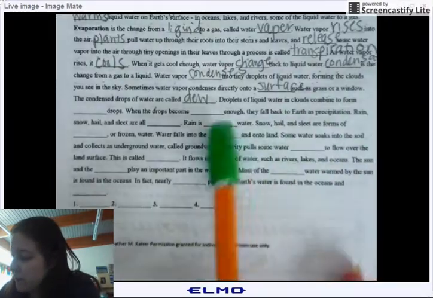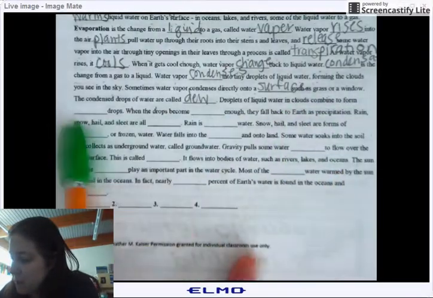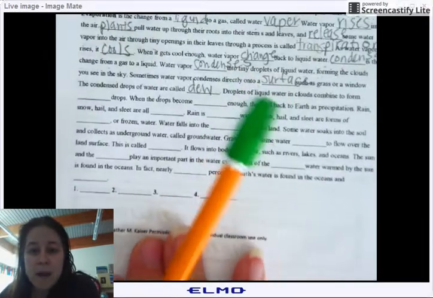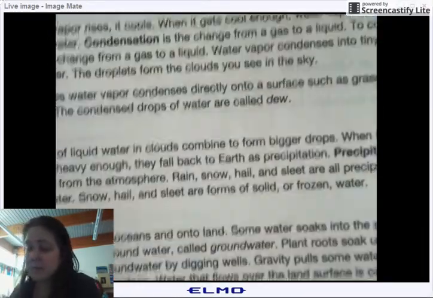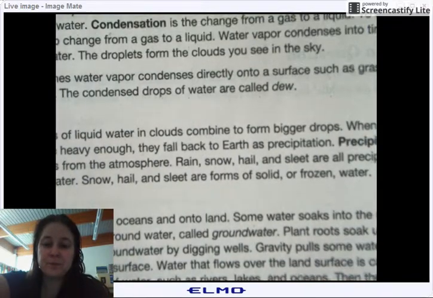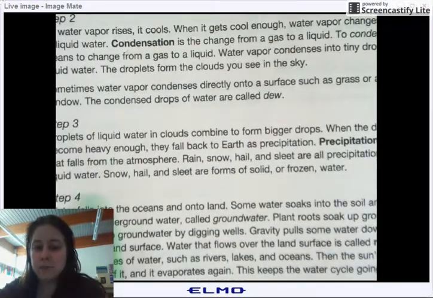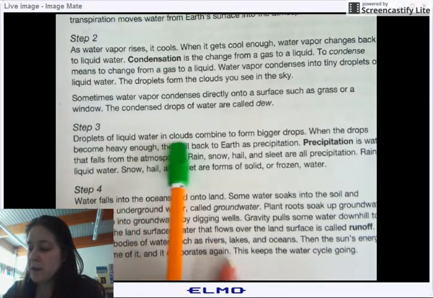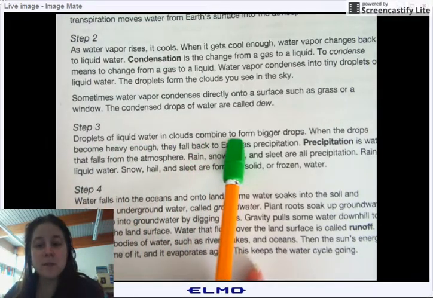Droplets of liquid water in clouds combine to form blank drops. So droplets of liquid water combine to form blank drops. Droplets of liquid water in clouds combine to form bigger drops.